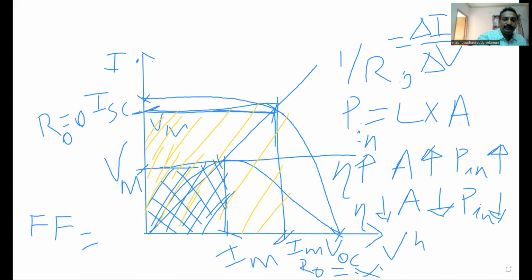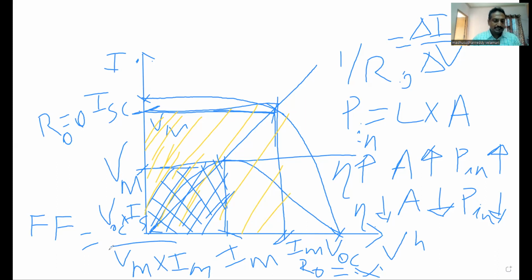Fill factor is the ratio of VOC into ISC divided by VM into IM. If this area increases, then it will go as this.